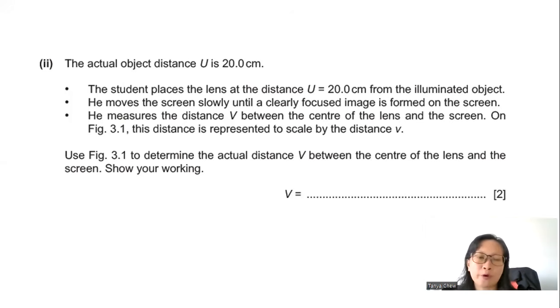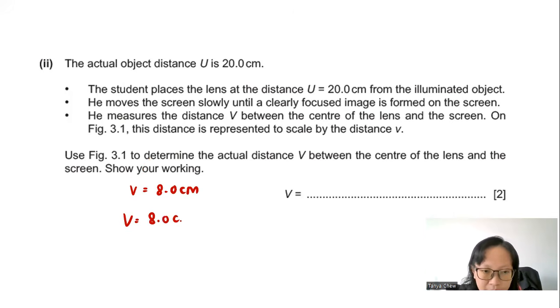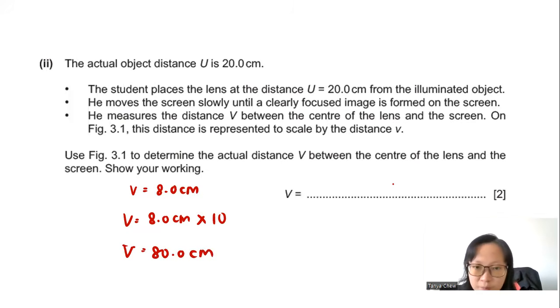Use Fig 3.1 to determine the actual distance v between the center of the lens and the screen and show your working. The v that I measured was 8 cm. All you need to do is take 8 cm times 10 because the scale is 1/10 of the actual value. To find the actual value, you just times 10. So my v is equal to 80 cm.